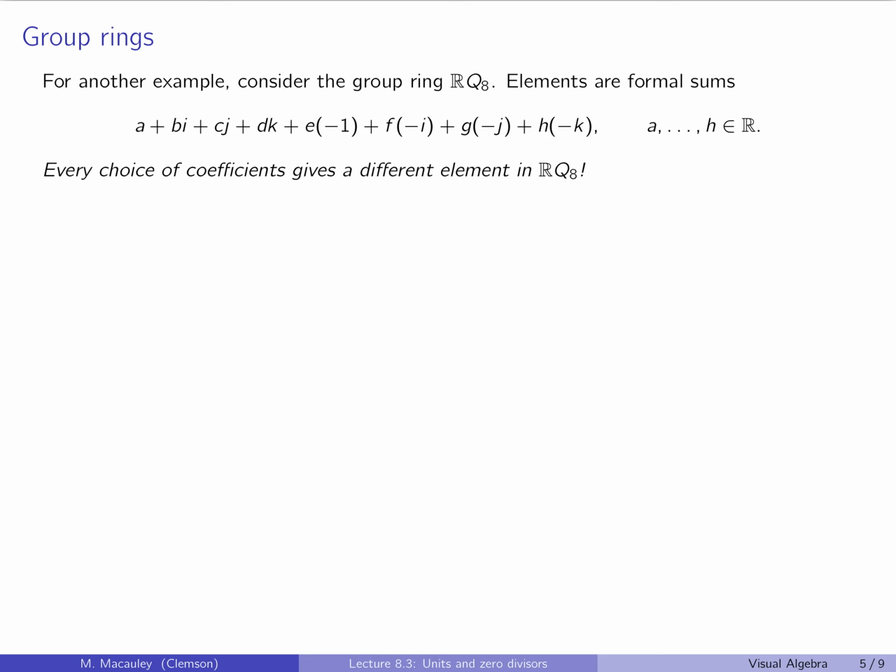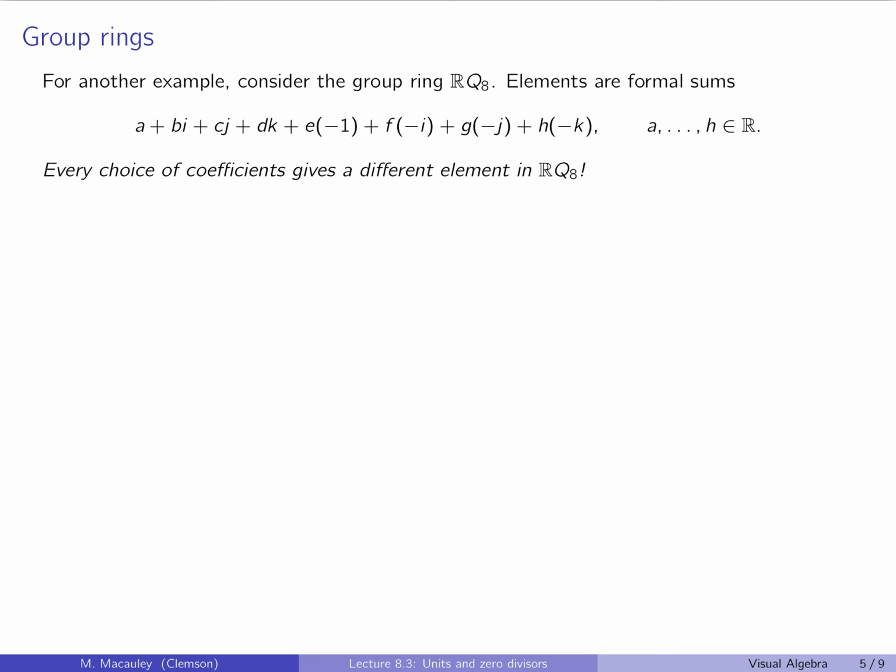Here's another example of a group ring, because this one illustrates a really important subtlety. Consider the group of quaternions, G, and the ring of just real numbers. Now the group ring, RQ8, consists of formal sums like a plus bi plus cj plus dk, plus e times negative 1 plus f times negative i plus g times negative j and h times negative k.